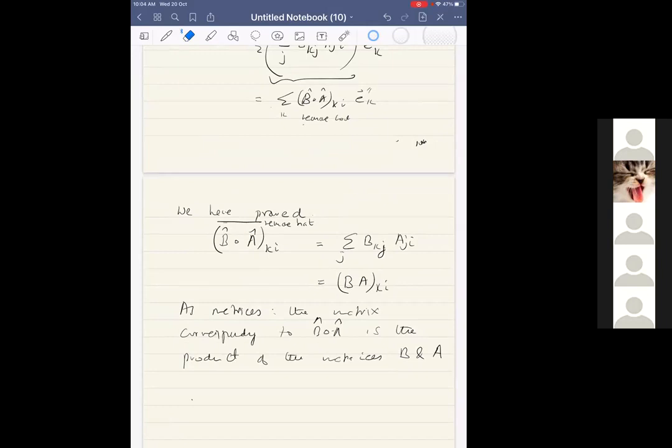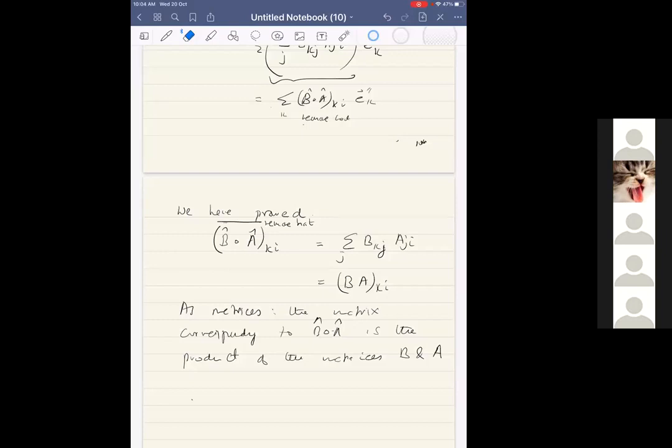But you see, again and again, I'd like to illustrate how the indices arrange themselves so that you get exactly what you expect. But you can use that also.